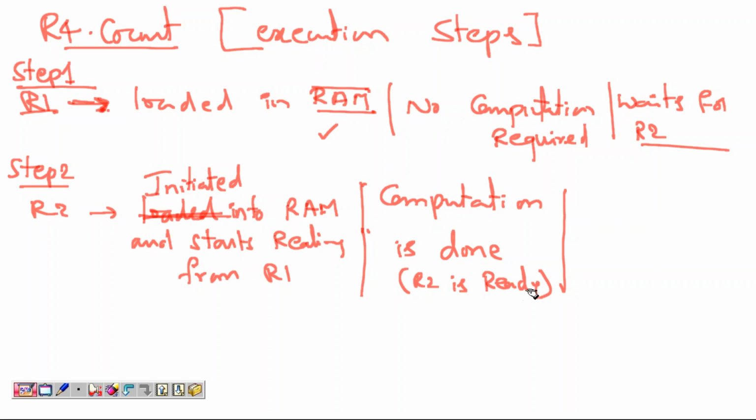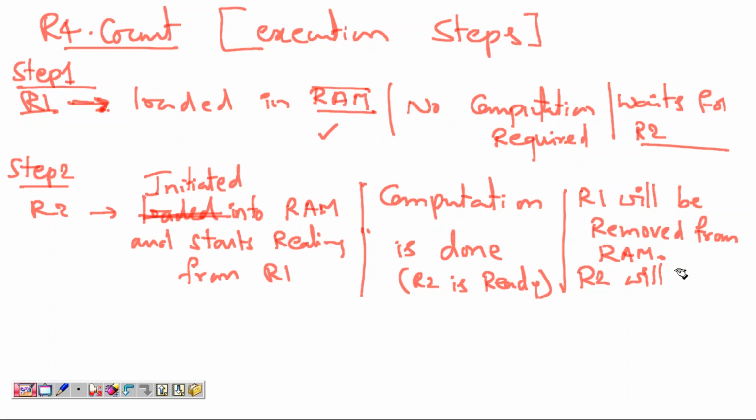When R2 is ready, R1 will be removed from RAM, because from now on we don't need R1. Then R2 will be waiting for R3. Up to now clear? Now step 2 is done.